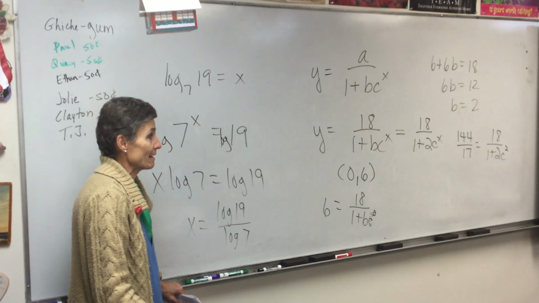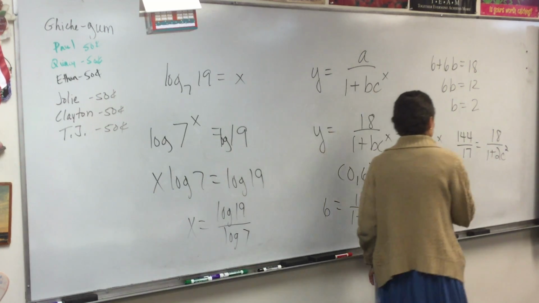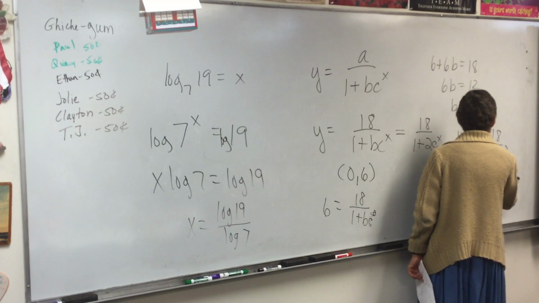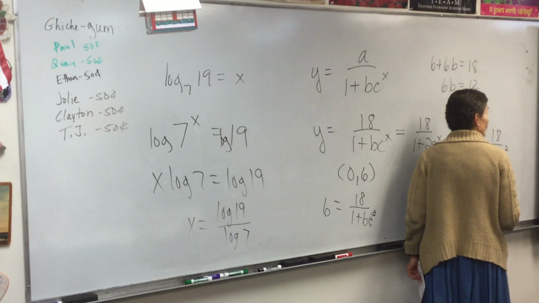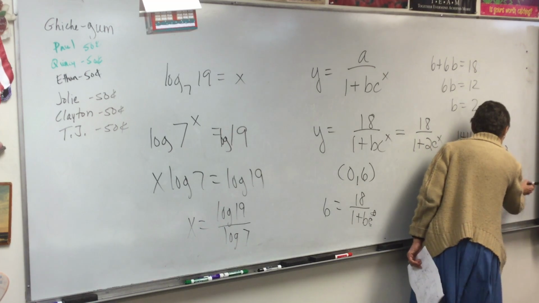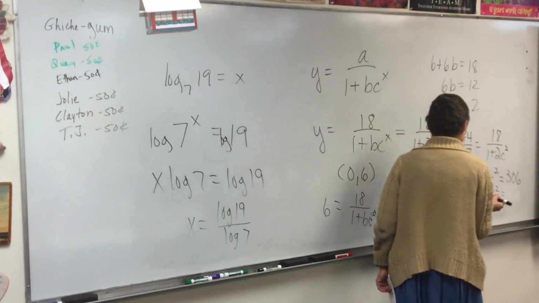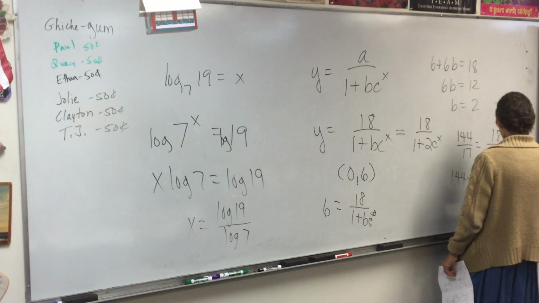Alright, how do I solve that? Cross multiply and distribute. So I'm going to have 144 plus 288c squared equal to, somebody got a calculator with 17 times 18? Thank you. So 288c squared equals, what is that?